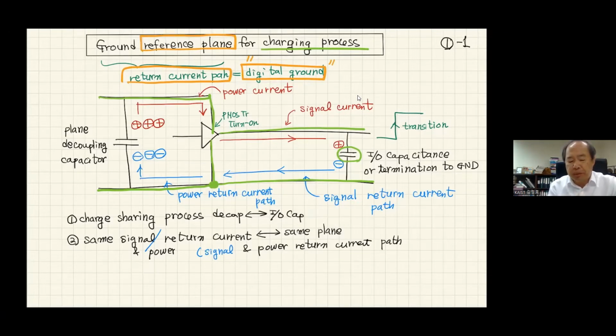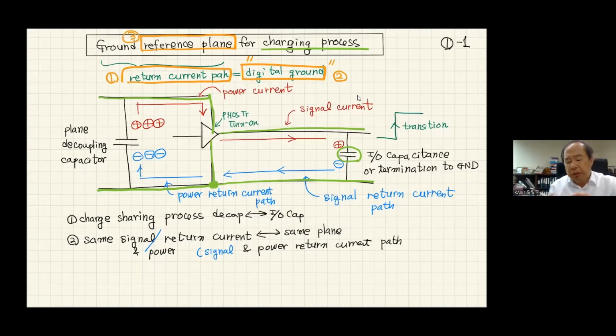Please forget about the definition of ground in conventional analog circuit design. Please forget that; the definition of digital ground is return current path. And sometimes we call it digital ground, and sometimes we call it a reference plane.